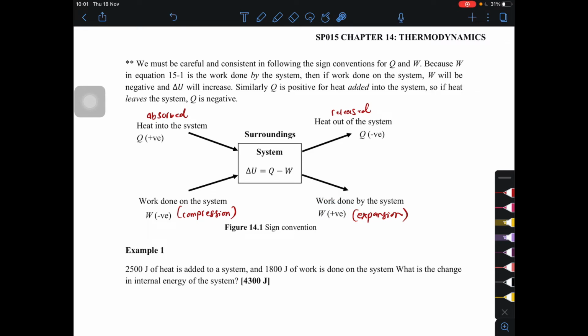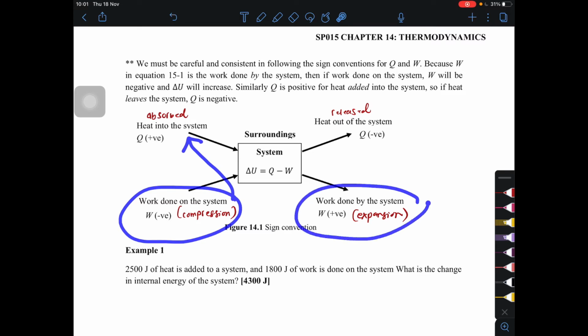By logic, whenever work is done on the system, meaning we do work on the system, it will gain heat. When work is done by the system, it will release heat.